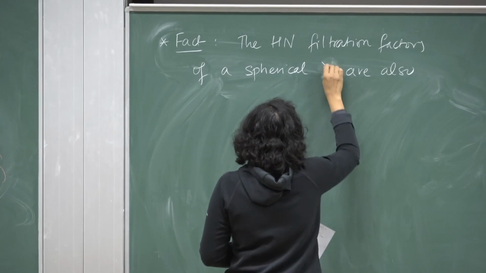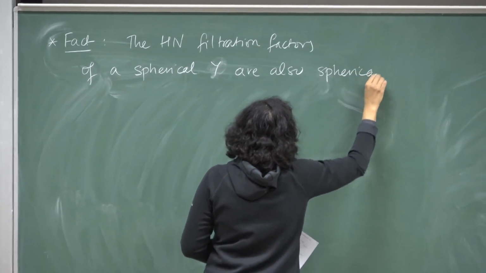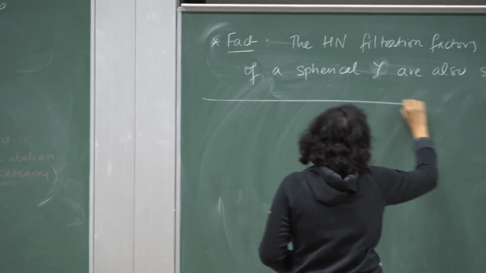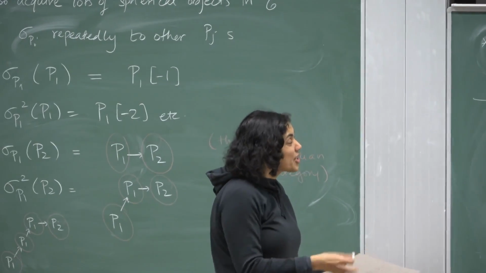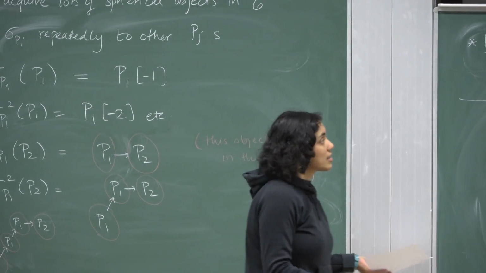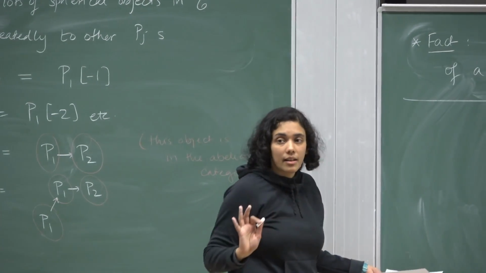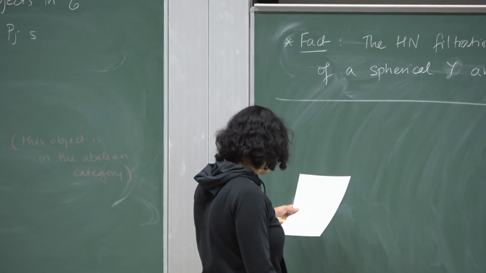Maybe I'll call it Y. So this is also a really nice reason to restrict to spherical objects. Not only do we have spherical twists, these objects are closed under HN filtrations in some sense. So it's a nice collection of objects to restrict to, and it gives you nice results as well.